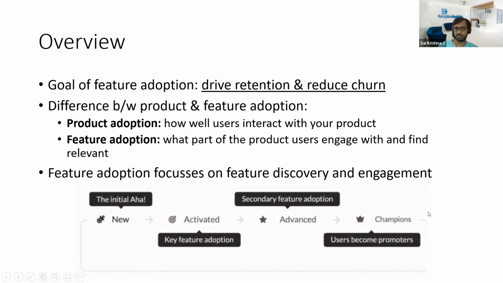These are the users who drive growth for the company as well as customer retention, because if the users like the product, they're going to talk to other people about it, and also continue to use the product on a regular basis, right? So both your user engagement as well as growth metrics are influenced. So this is an overview of feature adoption, or the general definition of feature adoption.